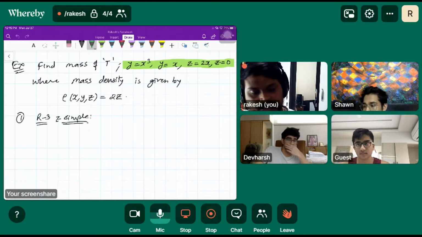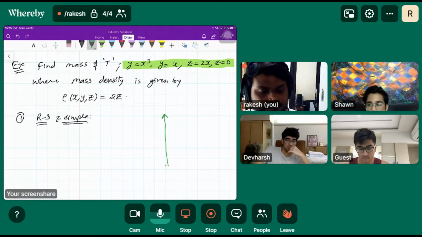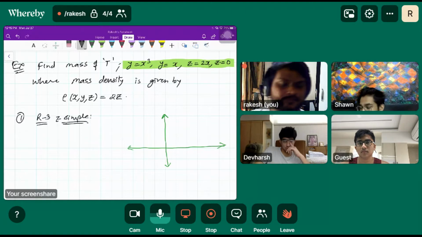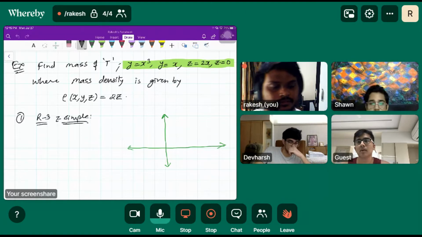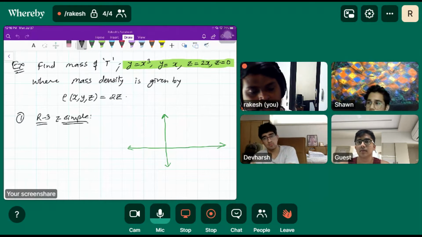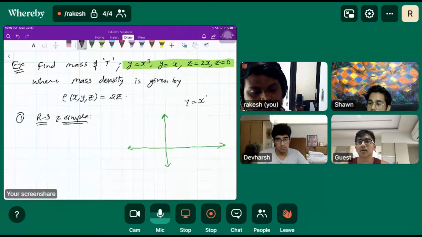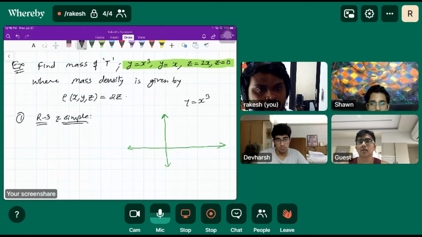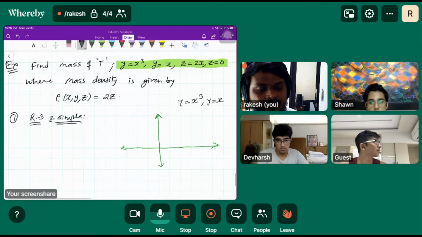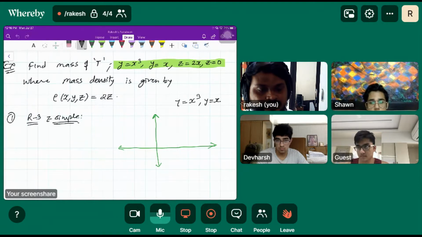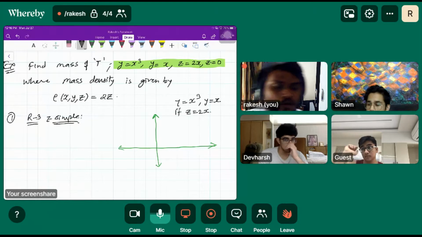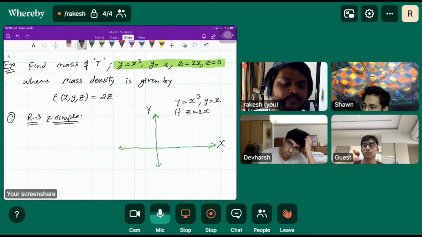What is R here? The region R is for the double integral. So what is R in this case? R is the region bound by y is equal to x cube, y is equal to x. And if z is equal to 2x is given, then on the xy plane, what is z value?